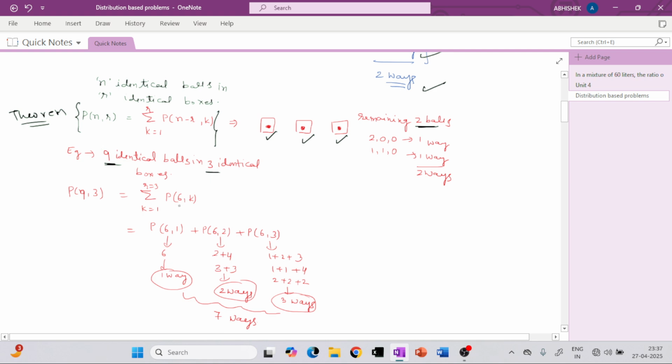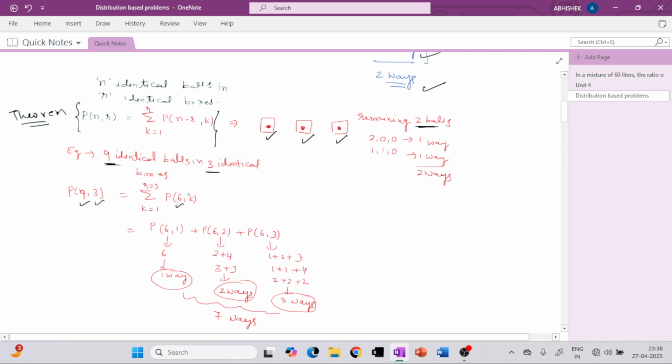We have to distribute 6 balls in 3 identical boxes after this. So P(n, 3) will be equal to P(n minus 3, k). n minus 3 will become 6, meaning we have already kept 3 balls in 3 boxes.